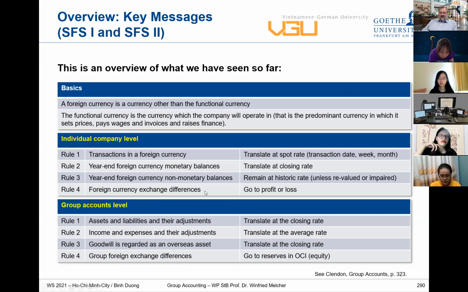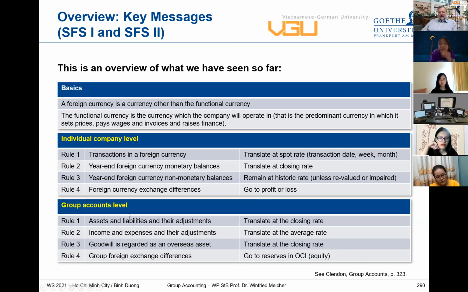Now, a foreign currency exchange difference at the individual company level just directly goes to profit or loss, because we think that at year end, all the differences are realized and they are earned, and therefore will go to profit or loss. That's an assumption. You can argue about that, but that is the way the rules are set up. So individual level foreign currency exchange differences directly go to profit or loss.